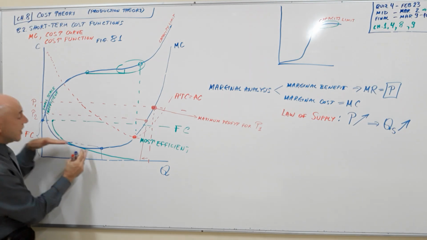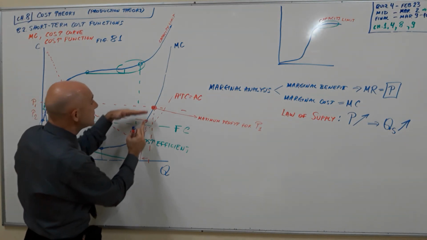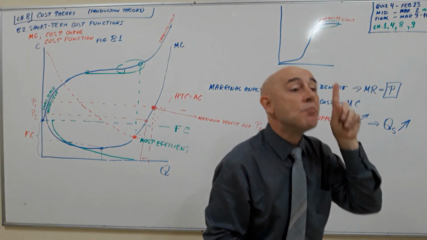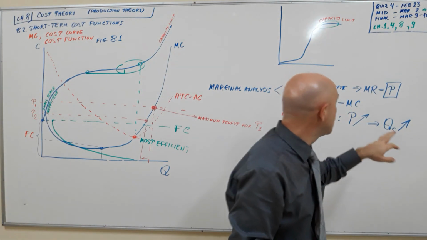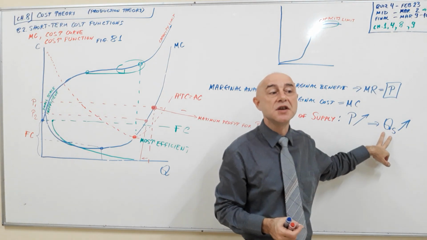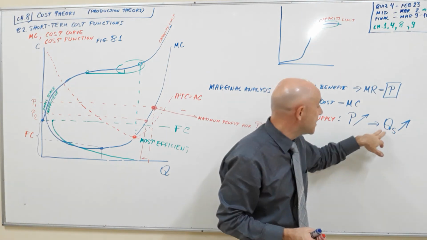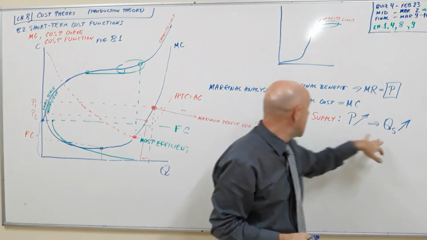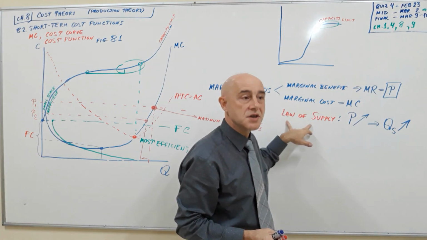So, as you increase the price, it will always be more profitable to increase the quantity supplied. So this is the simple explanation of the law of supply.